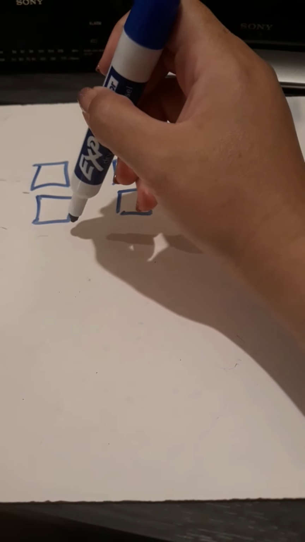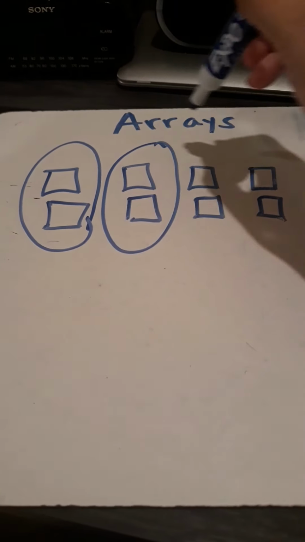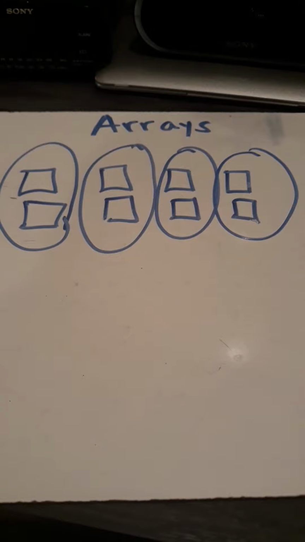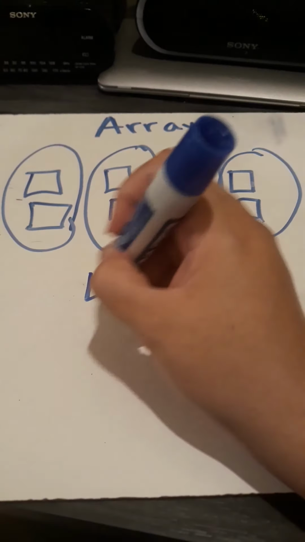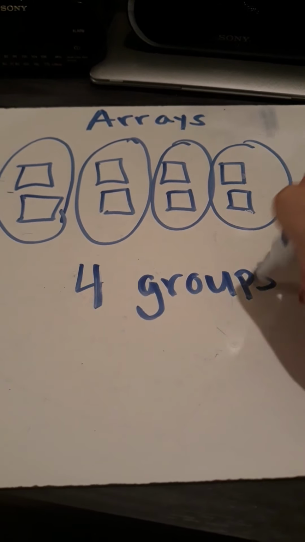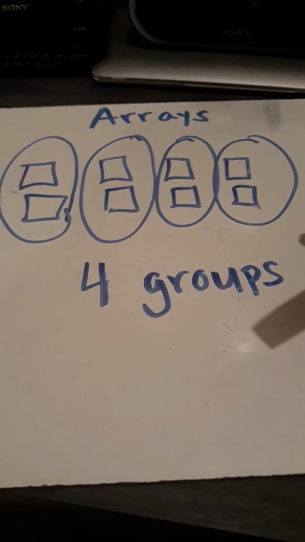Okay, let's see. I could make a group of 2. So let's circle all the groups of 2s. 1, 2, 3, 4. So I have 4 groups.